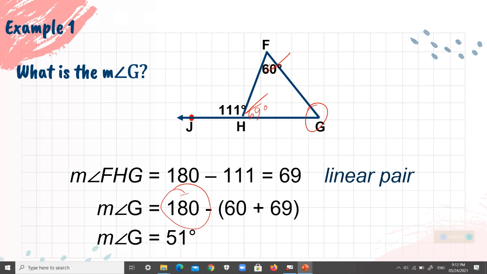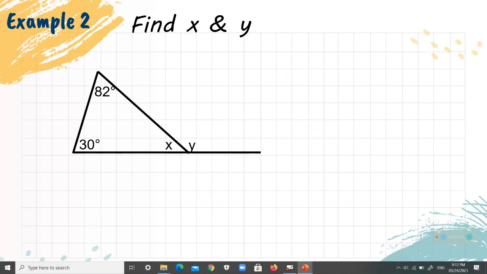Okay? So, any question? Okay, let's have example 2. Find x and y. So, what are we going to find first? It is helpful to find the variable y first, the exterior angle, because we have the definition that the sum of the two remote interior angles is equal to the exterior angle.